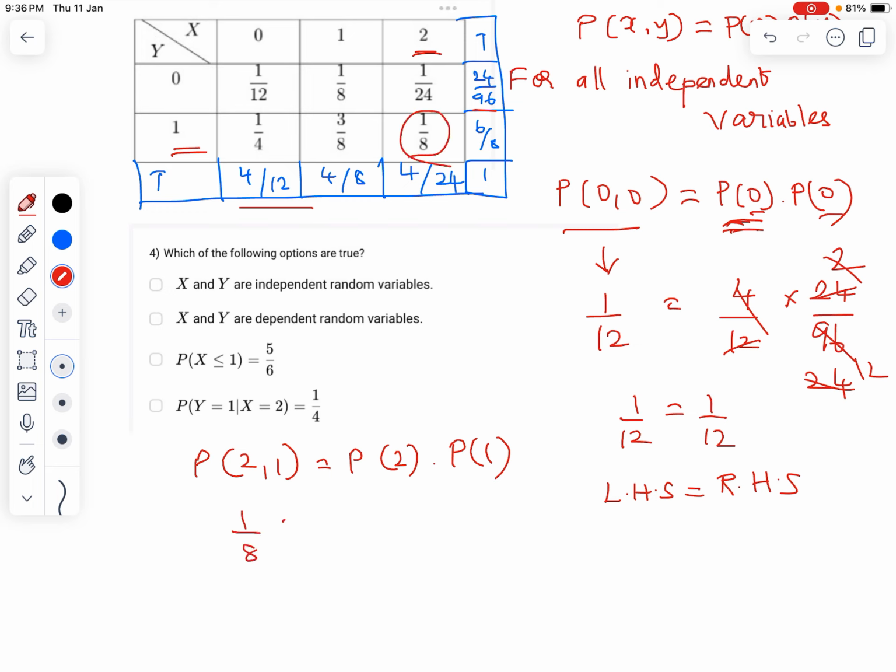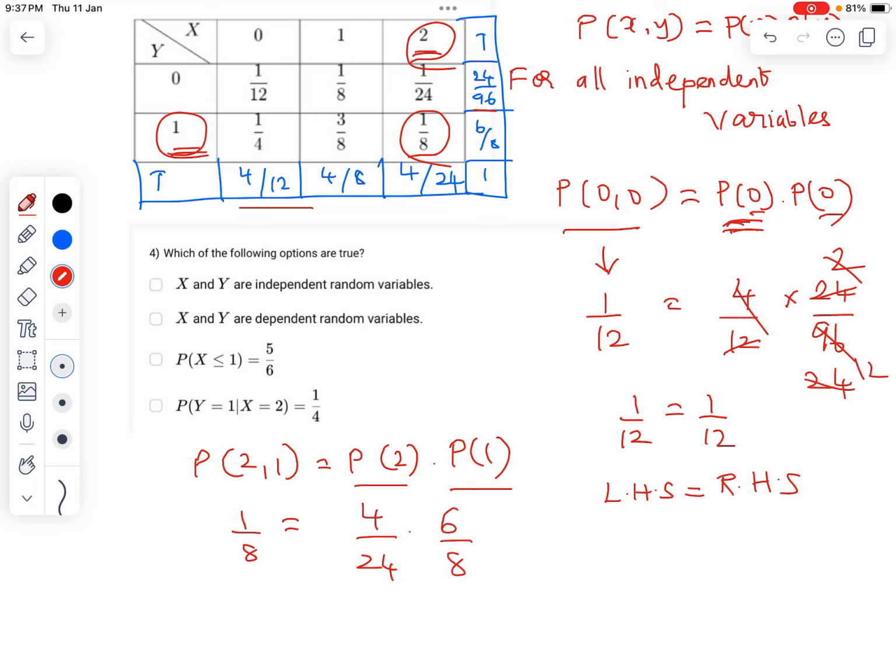The same 1 by 8 you should get on the right hand side. The marginal distribution for the value 2, here we have got it as 4 by 24. And similarly, for y, the marginal distribution value for 1, we will be getting it as 6 by 8.